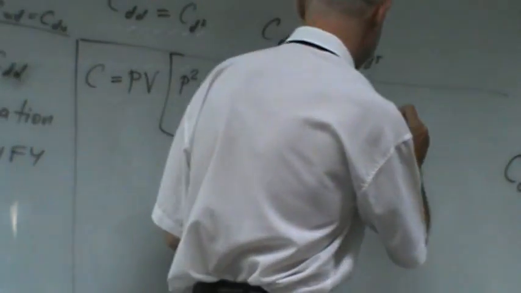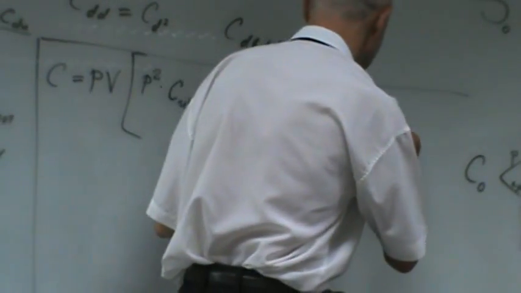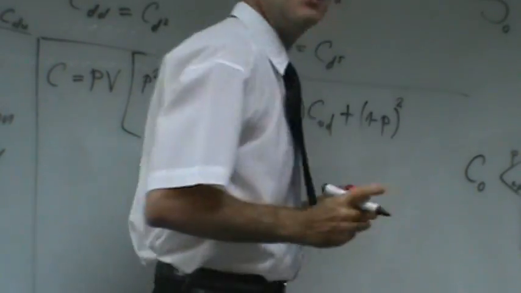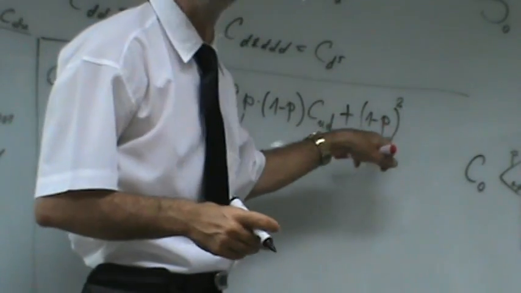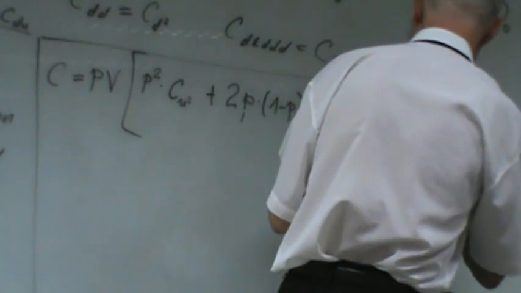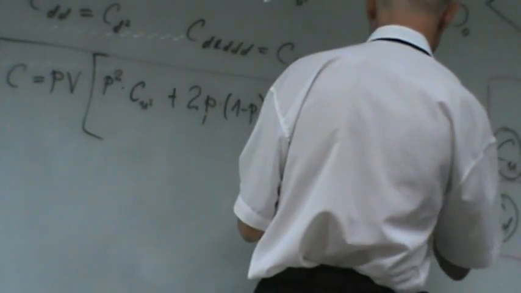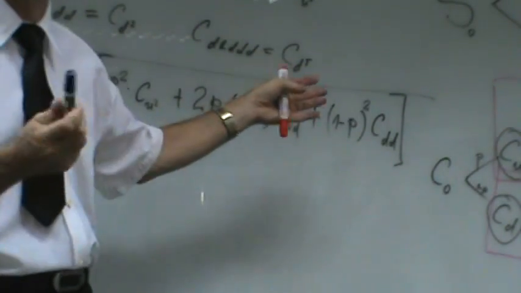And then plus, you're going to have 1 minus p, the probability of going down, and then down again, which is 1 minus p times 1 minus p, squared, C_dd, or d squared, the same thing.